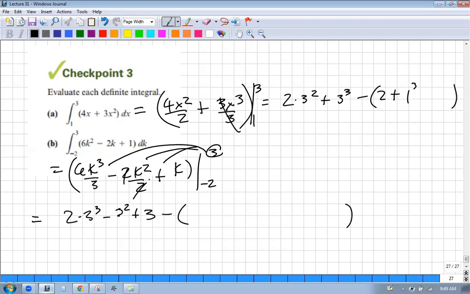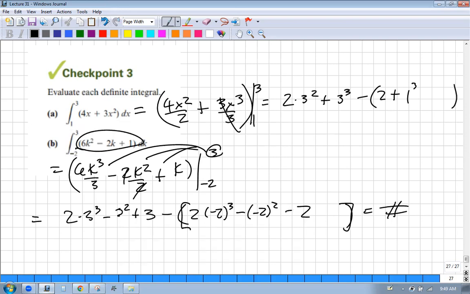Now subtract. And everywhere replace the k with a -2. Again, 6 over 3 is 2. Replace the k with a -2. This guy, we have a minus, replace the k with a -2. And then this one, replace the k with a -2. And then add them all up and get a number, and that's the answer. That's the area underneath the curve between -2 and 3.